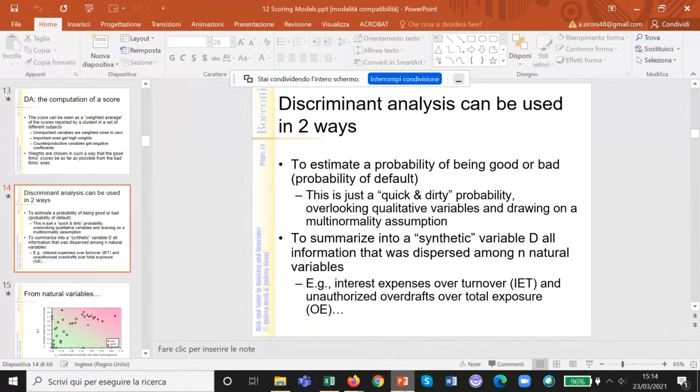But more often, a scoring model of this kind is not used to estimate a PD, but simply to estimate a score, which we would then use to assign a rating. So once again, we could use a scoring model to directly estimate a PD, but this is not typically done in the real world.